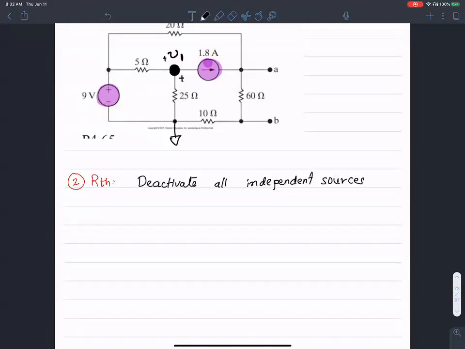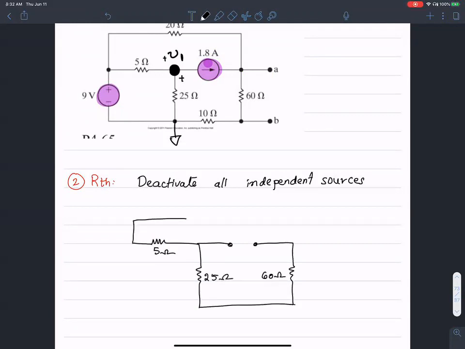So this is what is going to happen. I'm going to have the 5 ohm resistance as is, the 25 ohm resistance like so, but I'm going to replace the current source with an open circuit. Then there is a 60 ohm resistance over here, then there is a 20 ohm resistance like so.